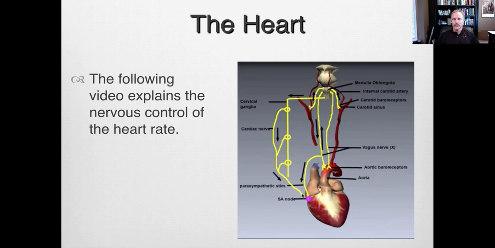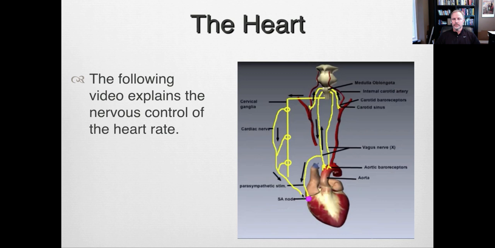Okay, just to summarize, we have two inputs, the aortic baroreceptors and the carotid baroreceptors, sending afferent information about blood pressure up to the medulla oblongata and into the cardiac control center.